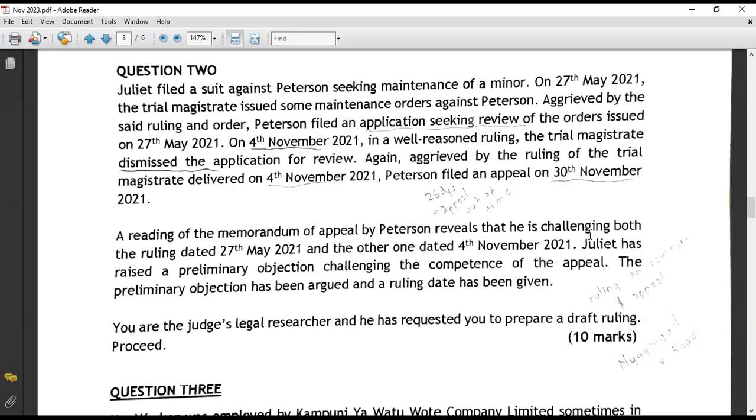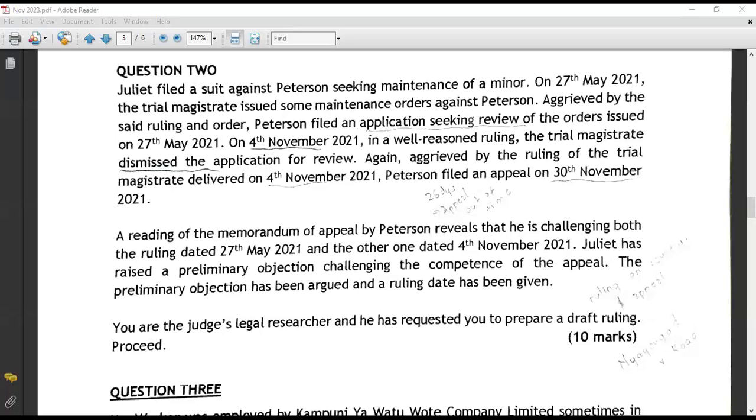Again, aggrieved by the ruling of the trial magistrate delivered on 4th November 2021, Peterson filed an appeal on 30th November 2021. A reading of the memorandum of appeal by Peterson reveals that he is challenging both the ruling dated 27 May 2021 and another one dated 4th November 2021. Juliet has raised a preliminary objection challenging the competence of the appeal. The preliminary objection has been argued and a ruling date has been given. You are the judge's legal researcher. He has requested you to prepare a draft ruling.